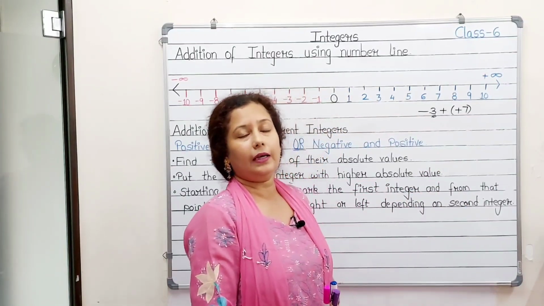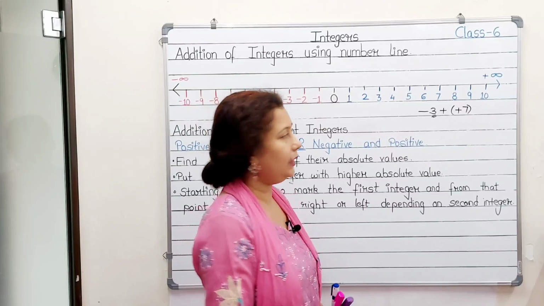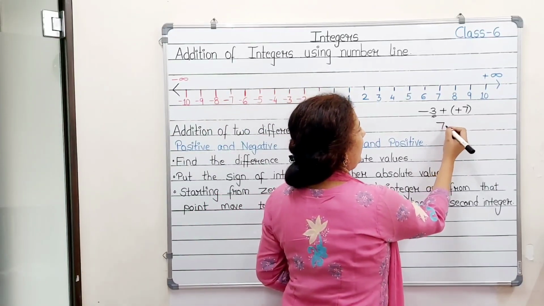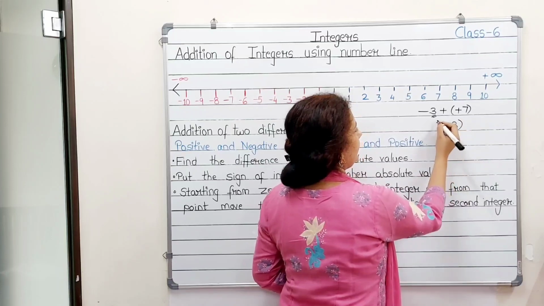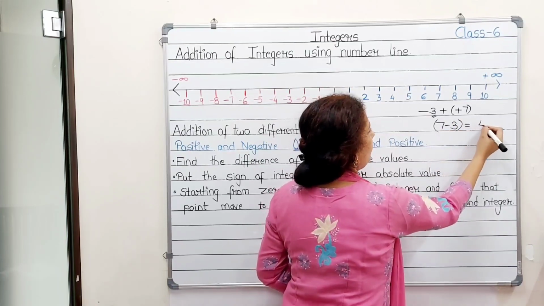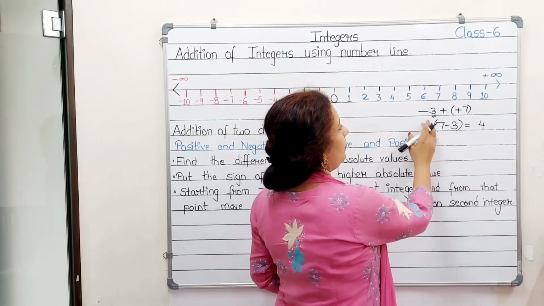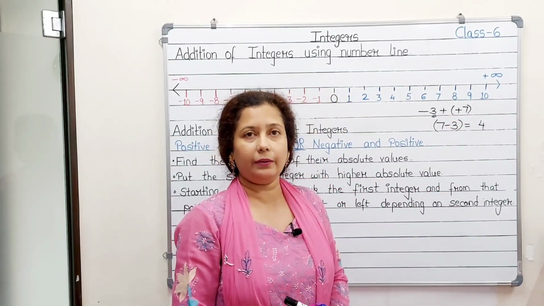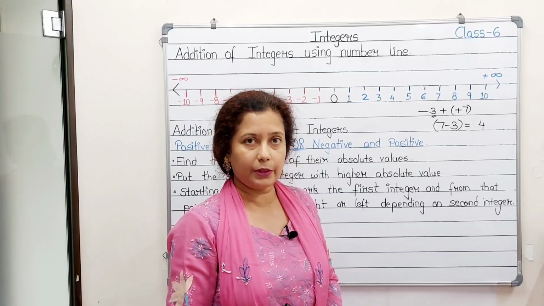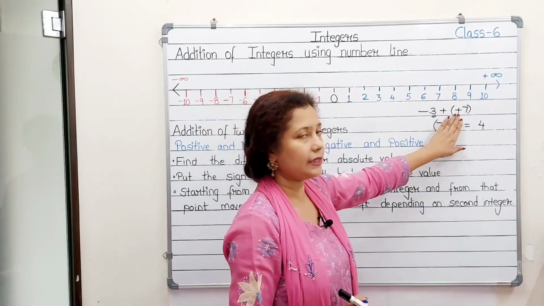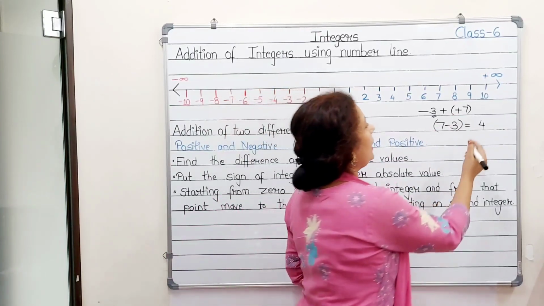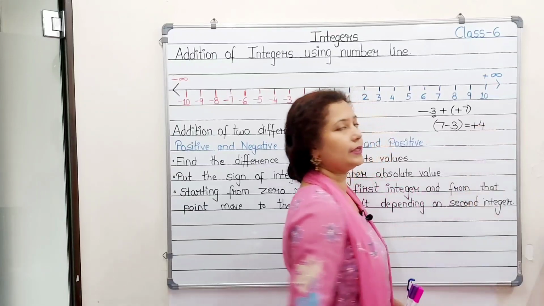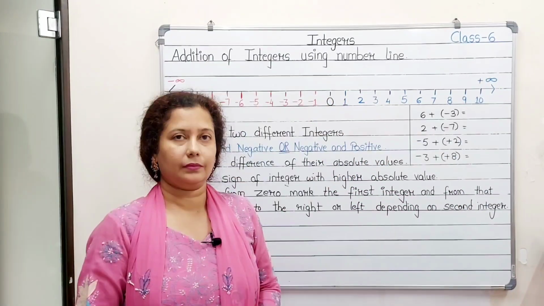So 7 is greater than 3. So 7 minus 3 gives the difference of 4. Here minus 3 and plus 7, 7 has a higher absolute value and it has a positive sign. So the answer will also have a positive sign.